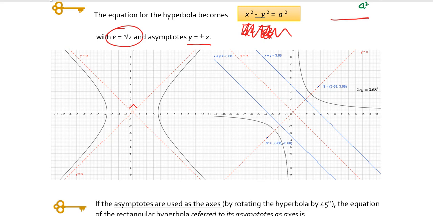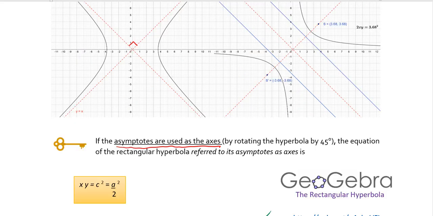So we refer to this as the rectangular hyperbola with the asymptotes used as the axes. In that case, the equation for our rectangular hyperbola with the asymptotes used as axes becomes this, again more like the form that we're used to: xy equals c squared, which is a squared on 2.